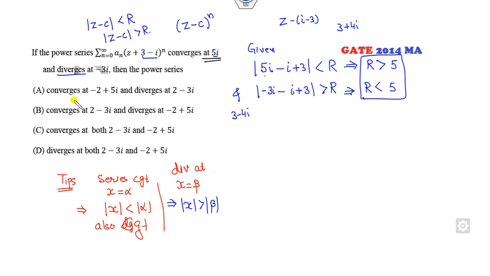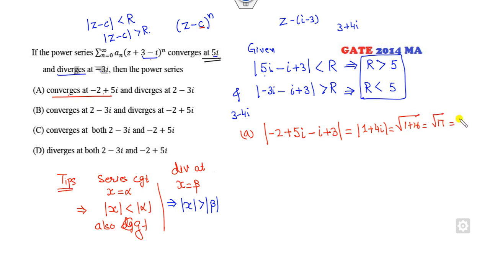Now look at that. If it is convergent at this, firstly we will check about it. This is my z minus center, which is i plus 3. So what is the value of this? It is my 1 plus 4i. It will be 1 plus 16, so root 17.